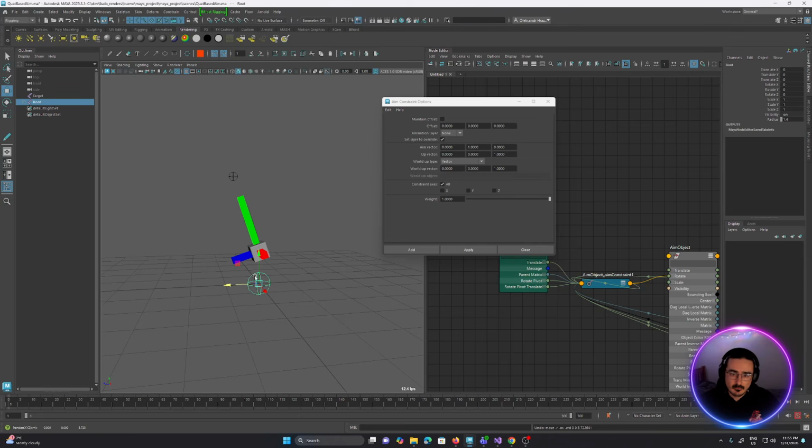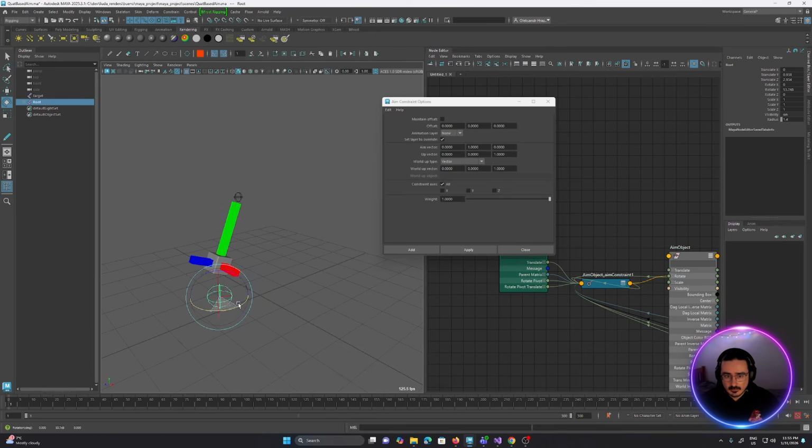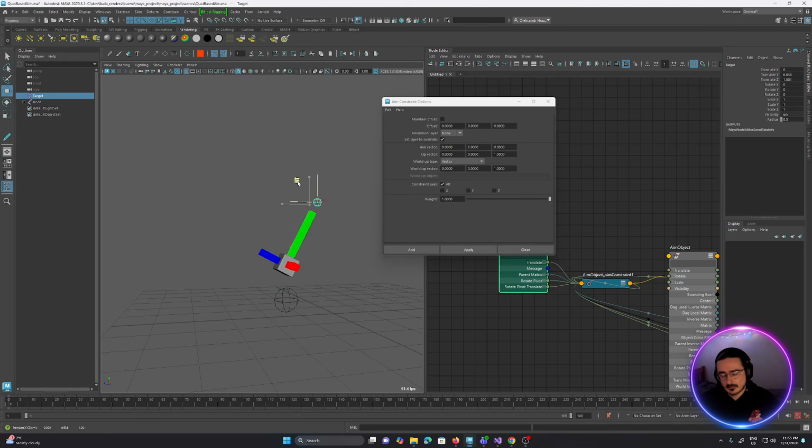And also if I move the root, it will still follow the root and aim to the target object. But unfortunately, I don't have a twist, and my aim object flips when it goes beyond the 90 degrees, in both directions.